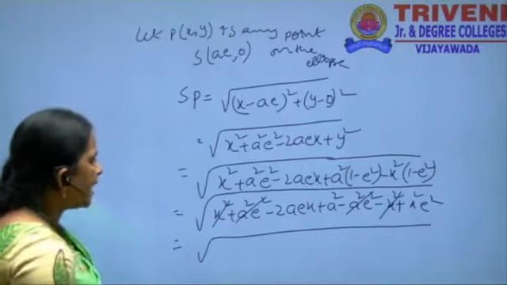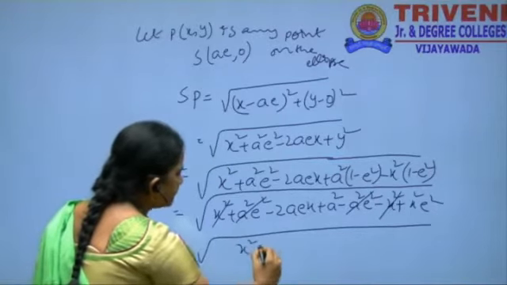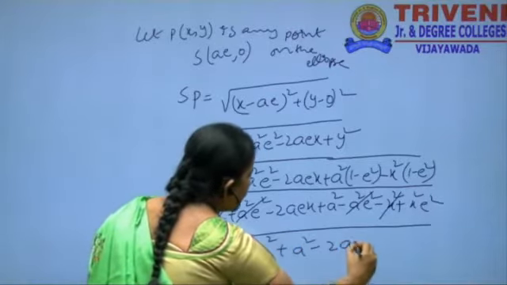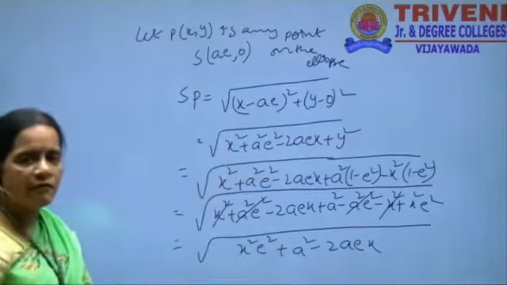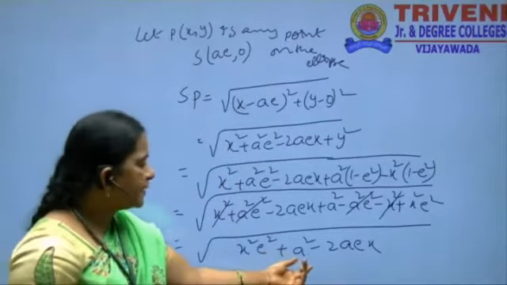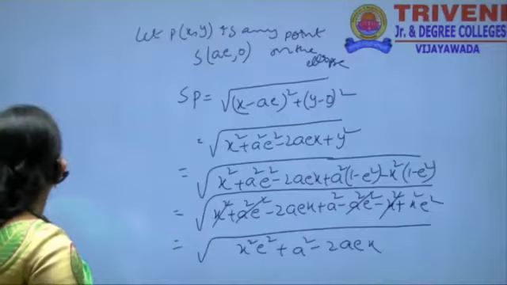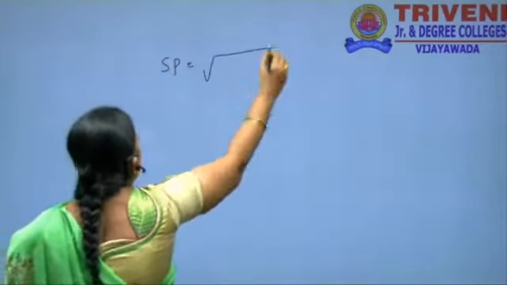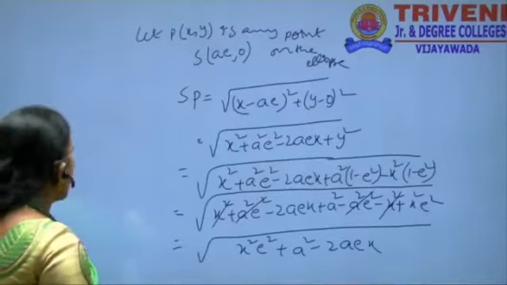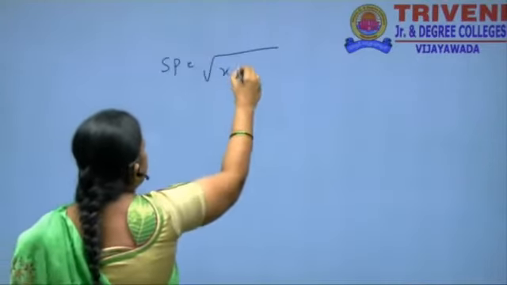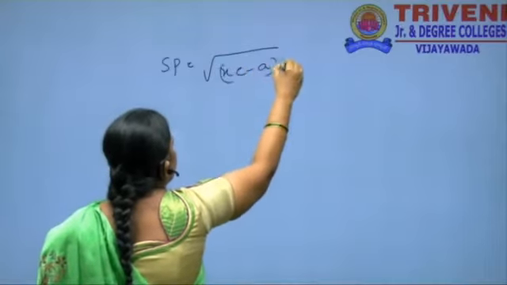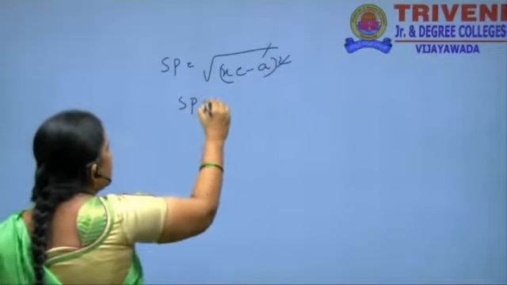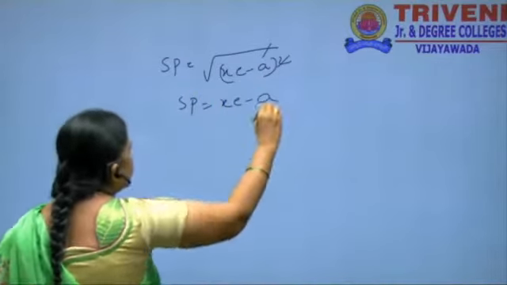What remains is x square e square plus a square minus 2aex. This is in the form of a square plus b square minus 2ab. That is SP is equal to the square root of (xe minus a) whole square. The root and square get cancelled, so the value of SP is xe minus a.